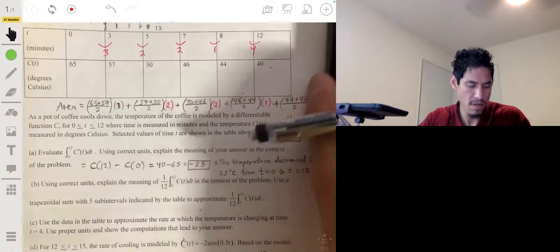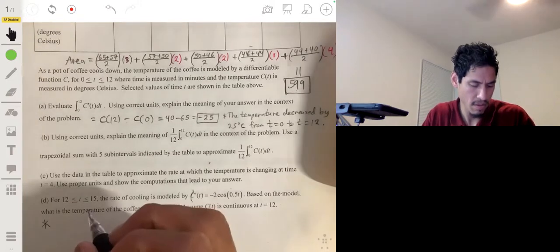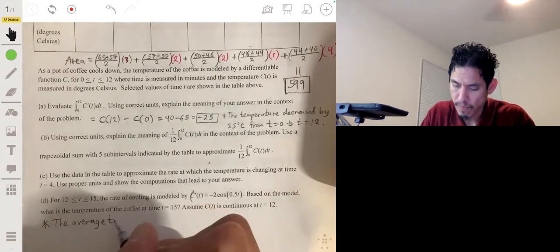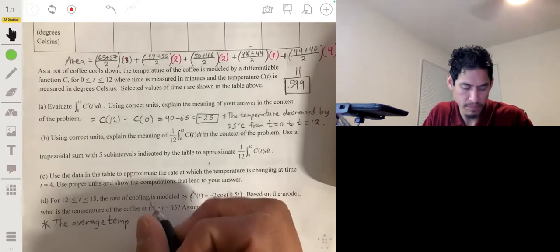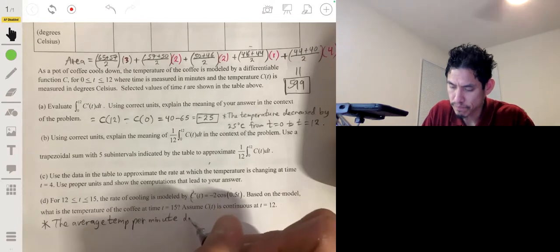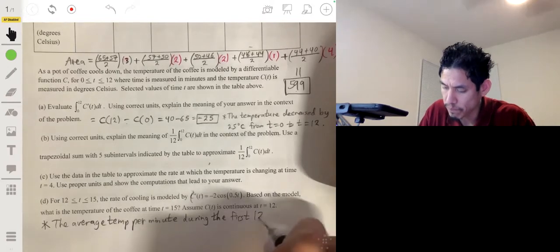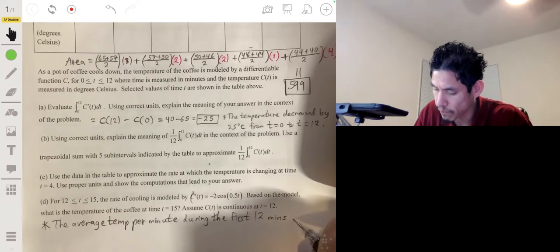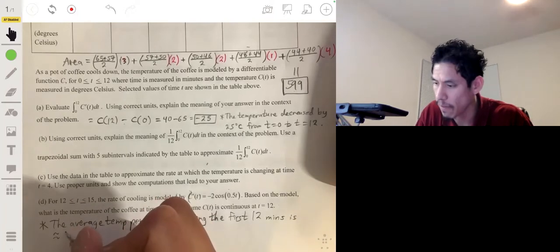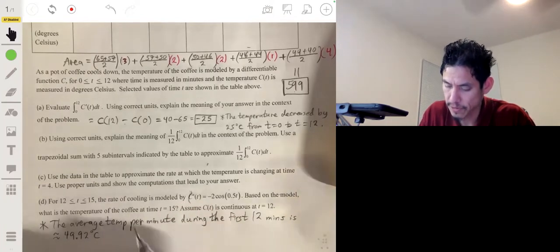That's all there is to it. Is approximately 49.92 degrees Celsius.